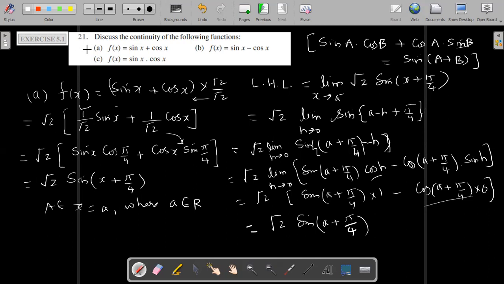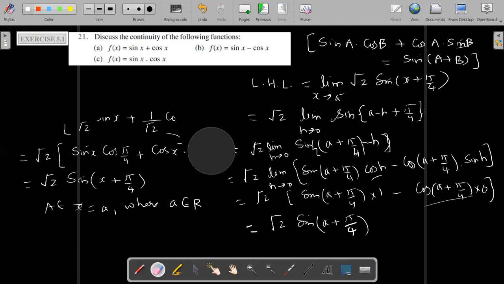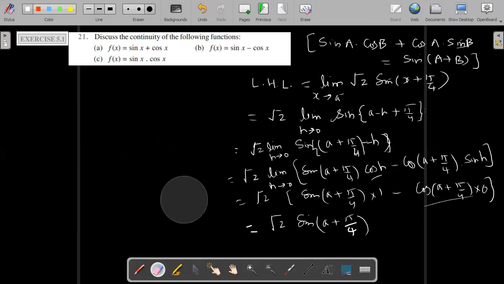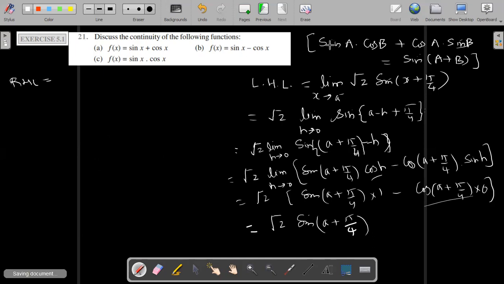Similarly, find out the right hand limit. So for finding the right hand limit, same thing. We will write the right hand limit is equal to, this is replaced by a + h.